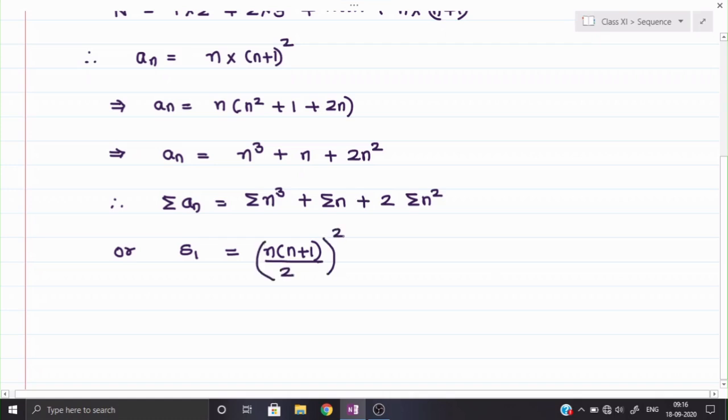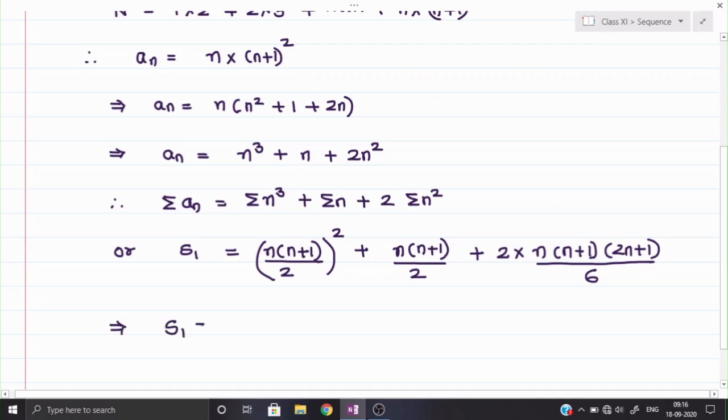Summation of n is the same, but the power 2 will not come, so n into (n plus 1) upon 2, plus 2 into n into (n plus 1) into (2n plus 1) divided by 6. I am not cancelling 2 and 6 over here because it will be easier for me to take the common factor.